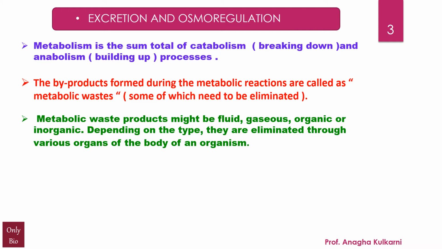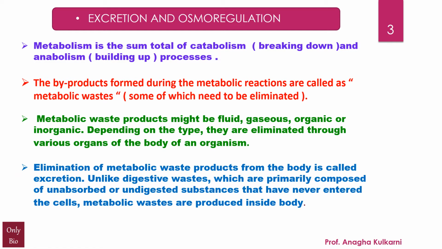Metabolic waste products might be fluid, gaseous, organic, or inorganic. Depending on the type, they are eliminated through various organs of the body of an organism. Elimination of metabolic waste products from the body is called excretion.